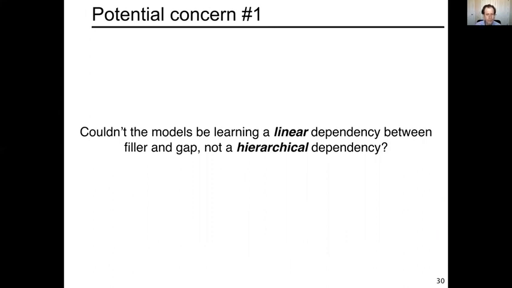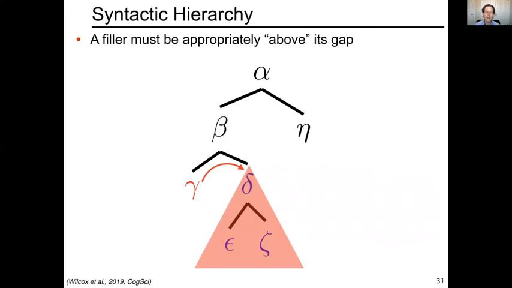Now, here's a question that you might ask. As I argued before, the dependency between a filler and a gap is a hierarchical dependency. It is not a linear dependency, just something like if something comes earlier in the string, then something has to come later. That dependency should be describable in terms of syntactic structure, which is hierarchical. And the model's actually learning that. And we can do a test of this, which is as follows.